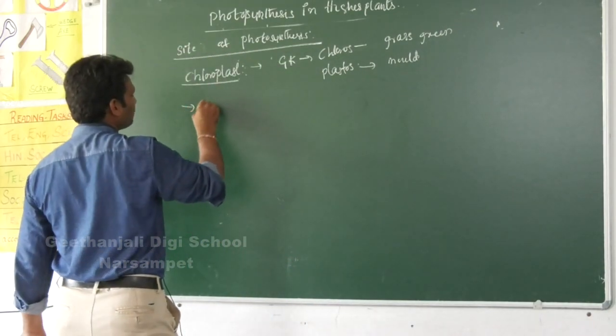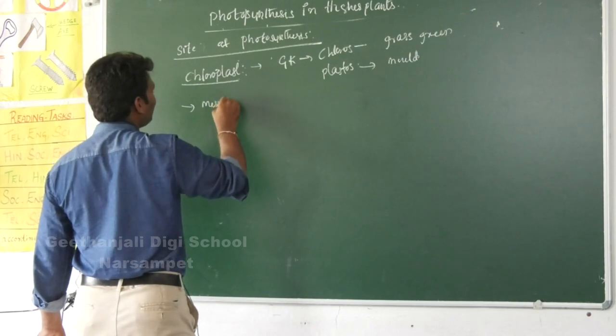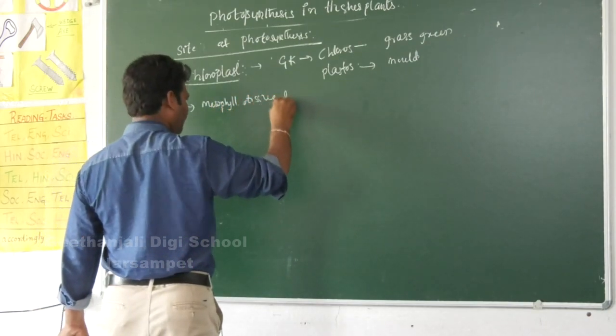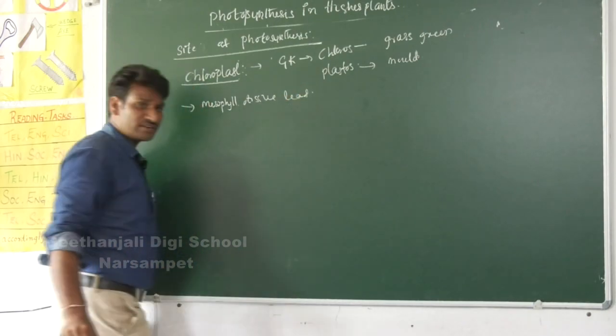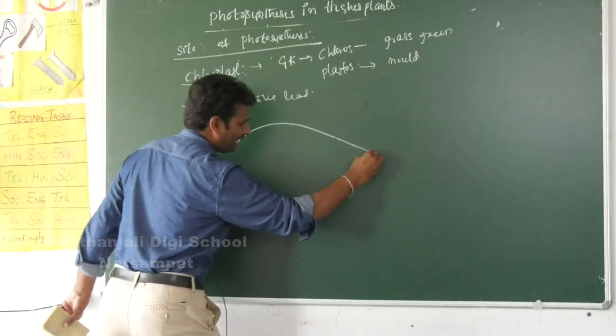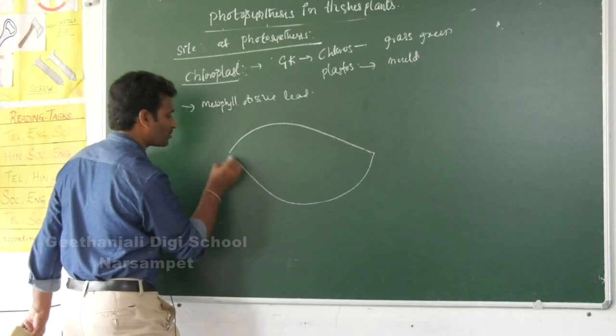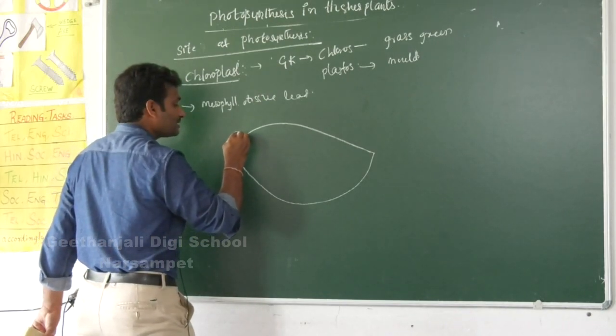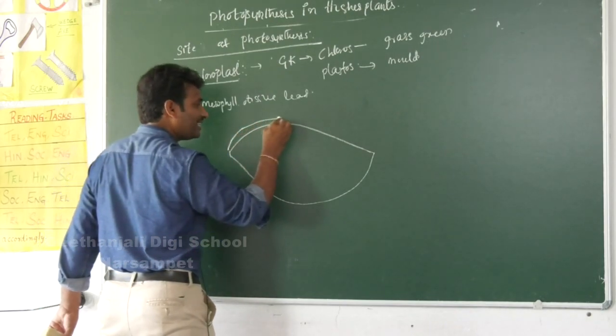These are present especially in the mesophyll tissue of the leaf. The chloroplast has a discoid structure surrounded by three layers.